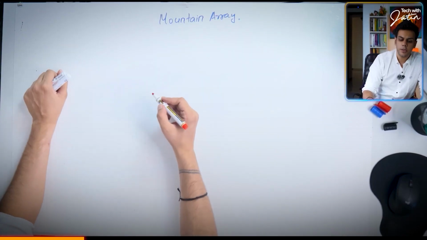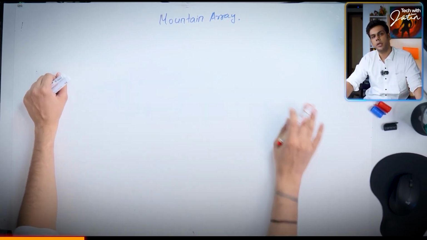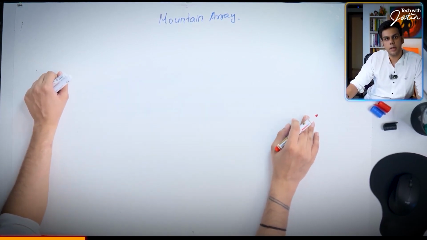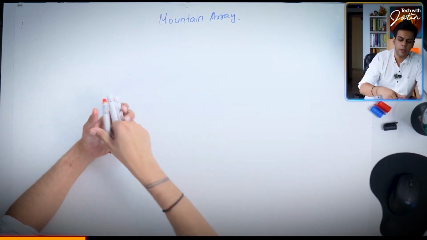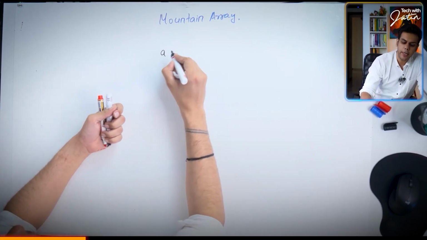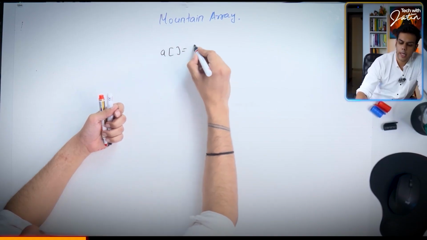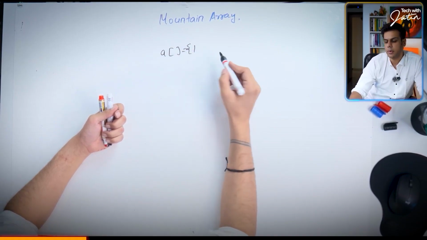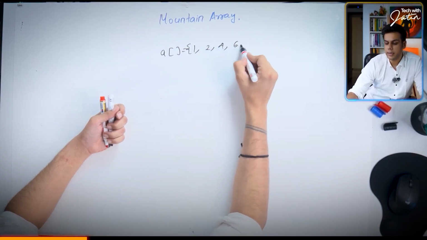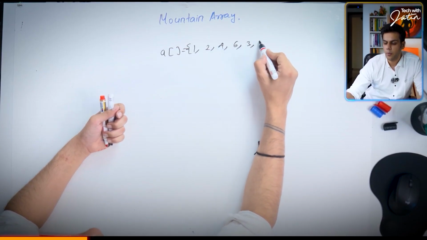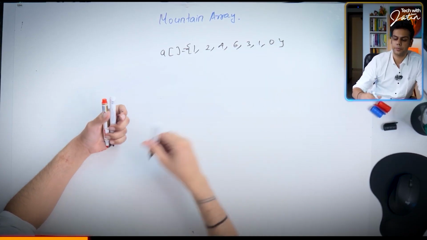All right? So now guys, once we have understood the conditions, let's try to check whether an array is going to be a mountain array or not. So let's say we have been given an array, and we have elements something like 1, 2, 4, 6, 3, 1, 0.